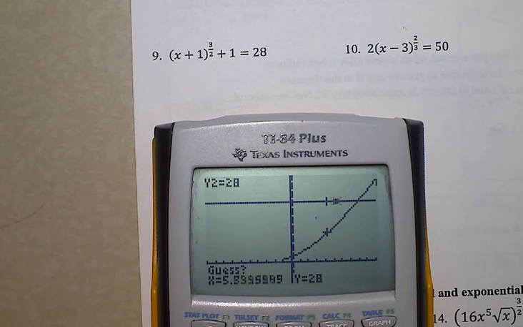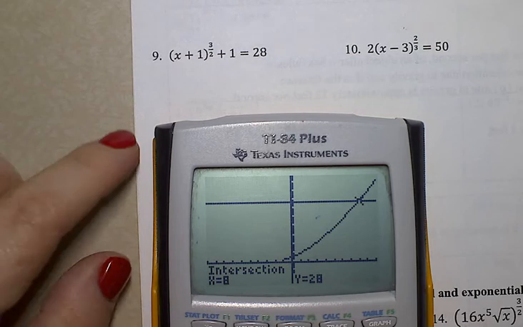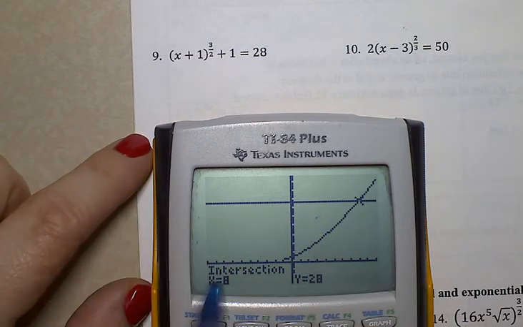Second trace, intersect, first curve, second curve, and guess. And we're looking only at the x value that we're trying to solve for. So x equals 8.